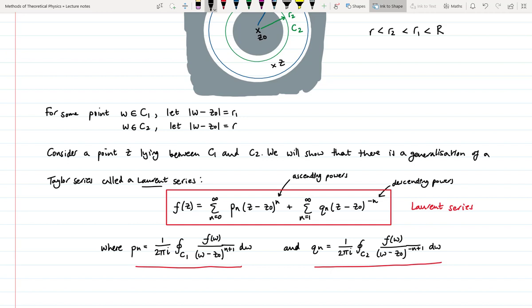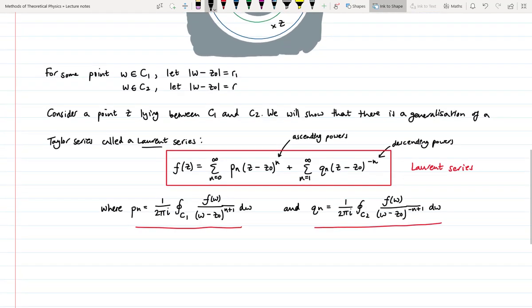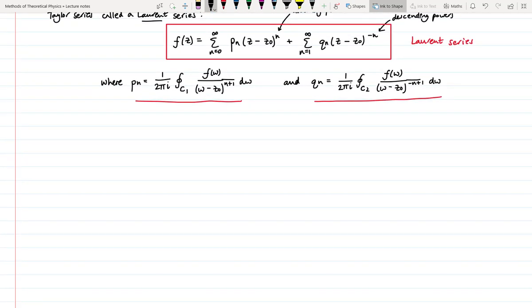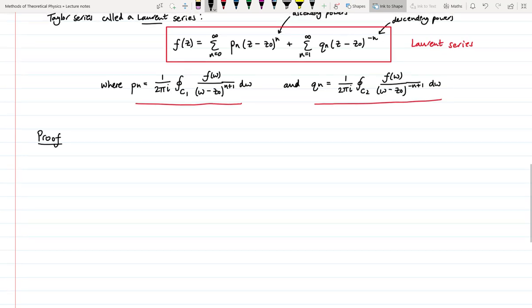So we're now going to derive this result using Cauchy's integral formula. So, proof. I'm going to take a copy of our picture above.